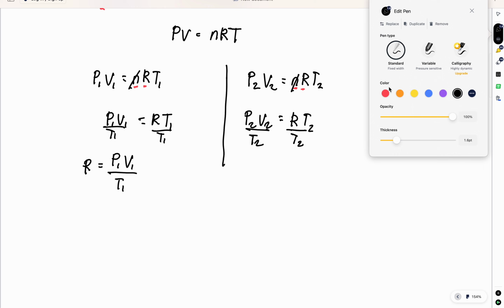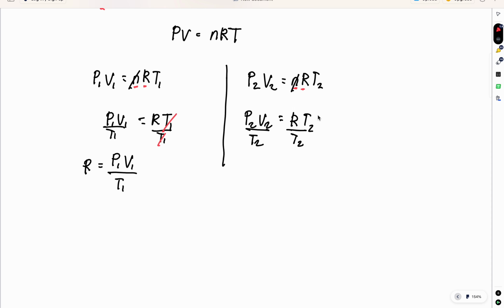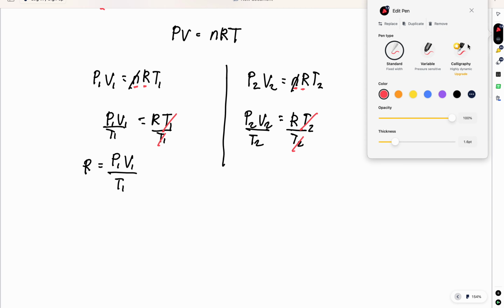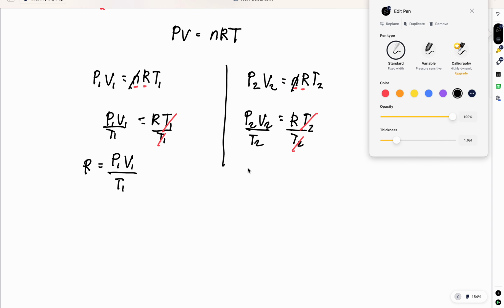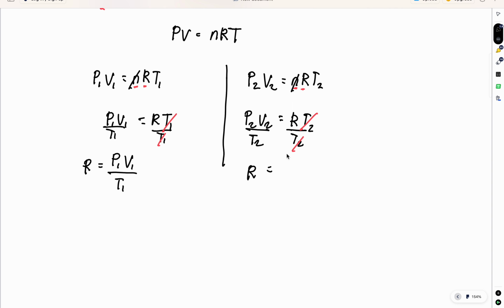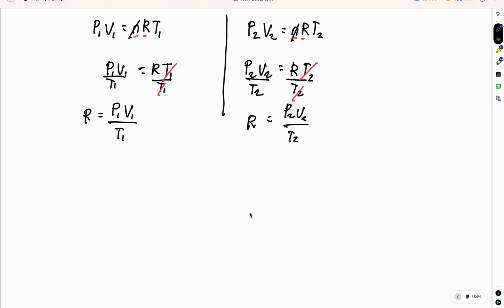So we cancel these, and on the other side you have R equals P2V2 over T2. So the combined gas law is when R is equal to R: P1V1 over T1 equals P2V2 over T2.